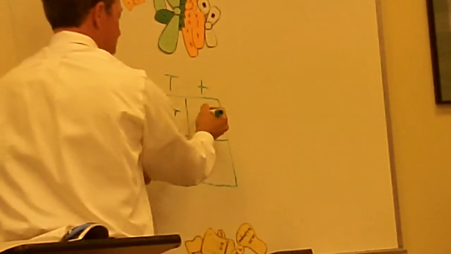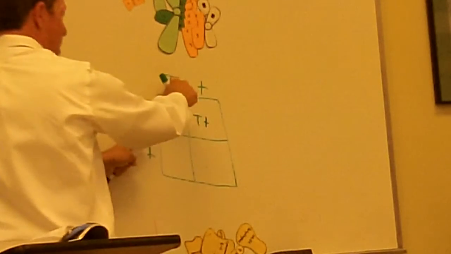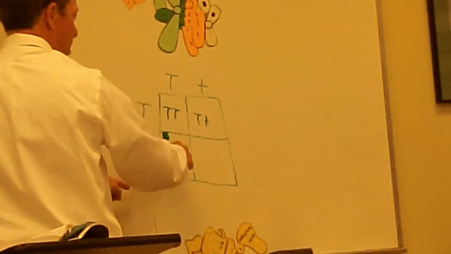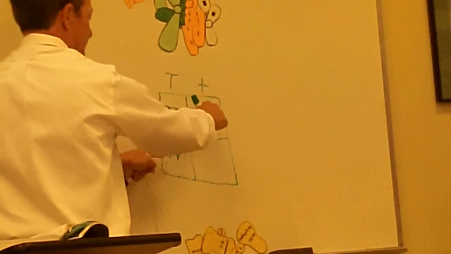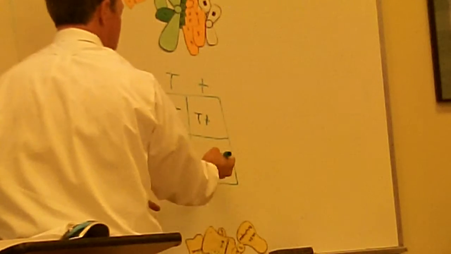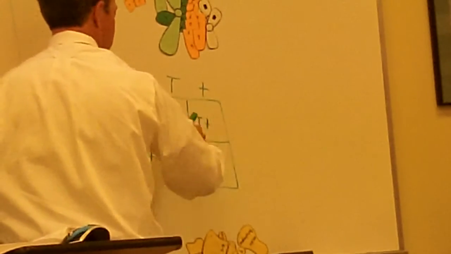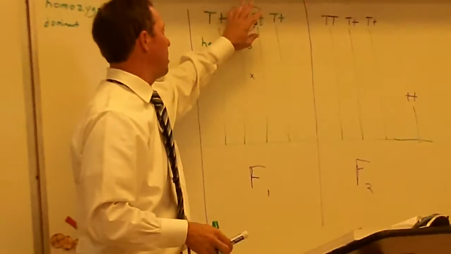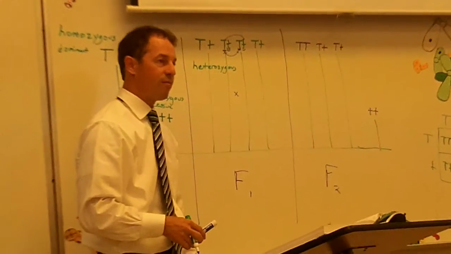So this is big T, little t. And that is big T, little t. You always put the big T, the capital letter first. And that one's little t, little t. And so there you have the 3-to-1 ratio. And it makes it kind of easier to get than trying to do this FOIL thing that might get confusing.